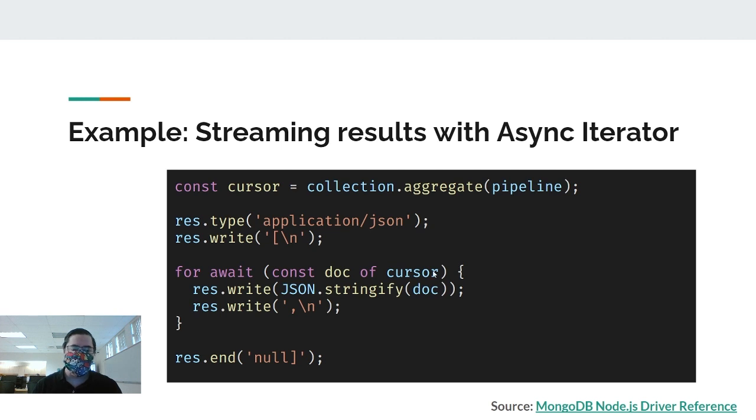There are some special methods that the cursor has to implement to support this. This doesn't necessarily work with a regular array or older things that are not asynchronous iterators, because the cursor has to implement the async iterator interface for this to work. But this is a new thing being introduced in ECMAScript 2021.